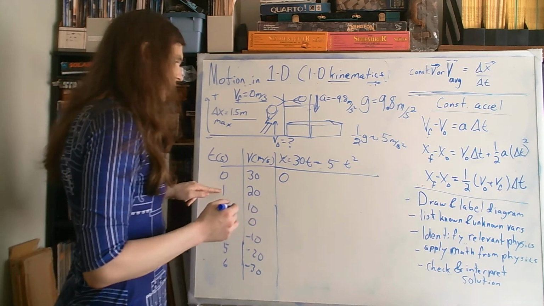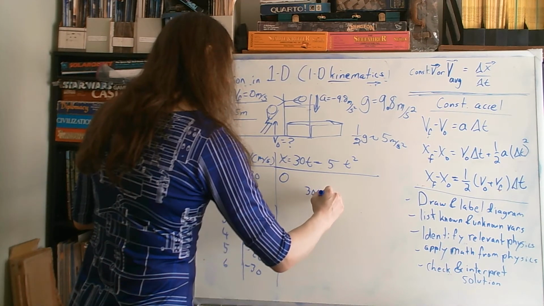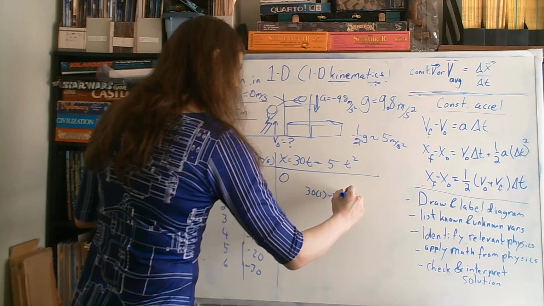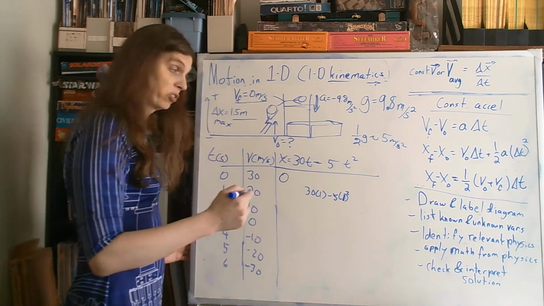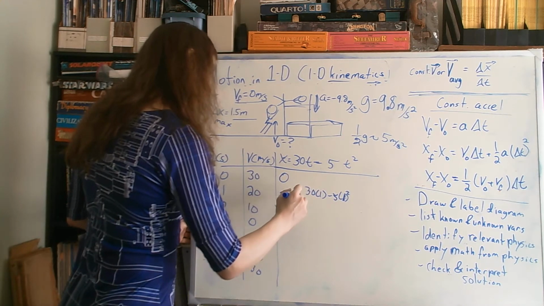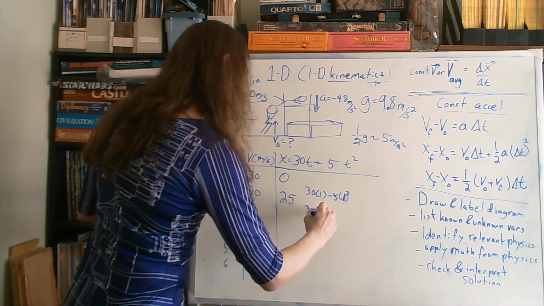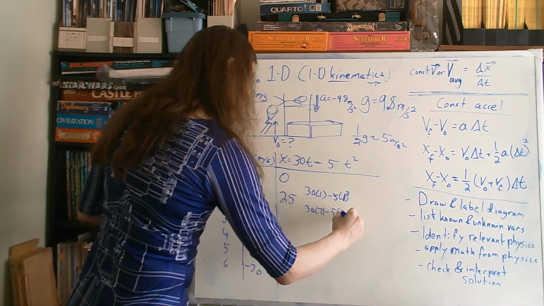So at 1 second, it's 30 times 1 minus 5 times 1 squared. So that's 30 minus 5, which is 25 meters. At 2 seconds, that's 30 times 2 minus 5 times 2 squared.